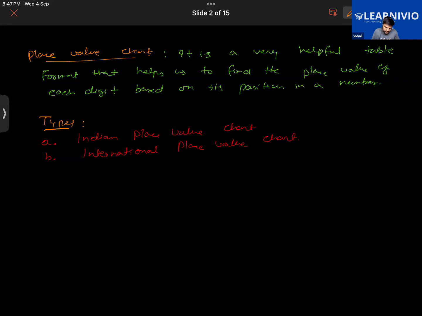Now, the positions would be the same, but the names are different. It would be ones, thousands, lakhs, and crores. There would be 4 periods: ones, thousands, lakhs, and crores. I'm going to draw it, then it will be more clear.